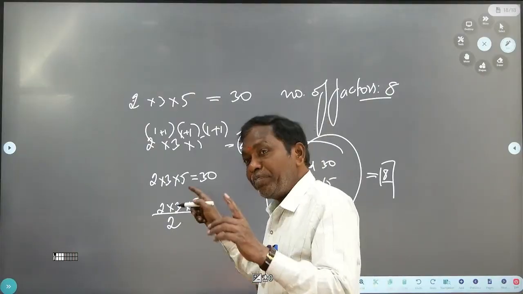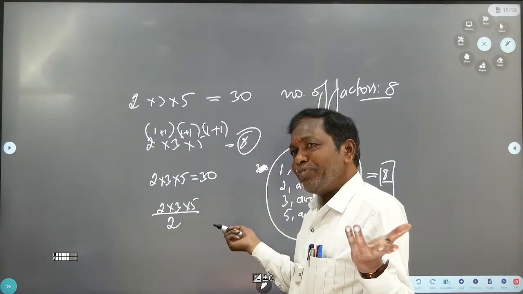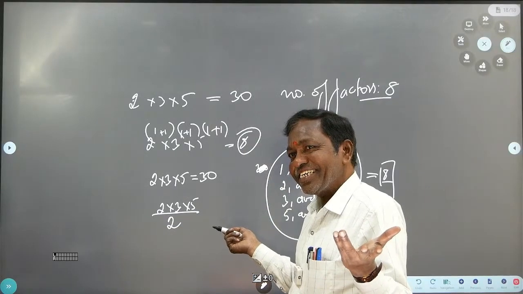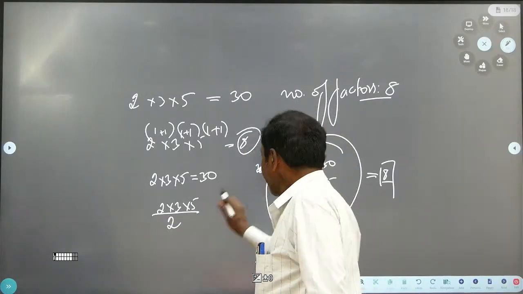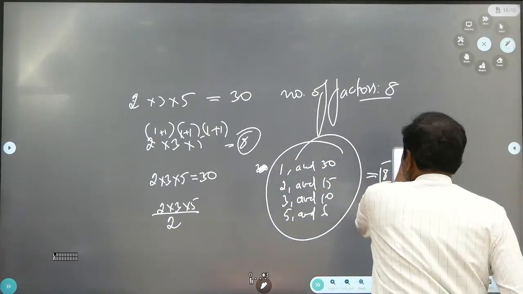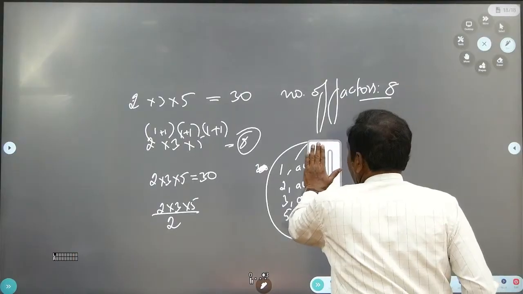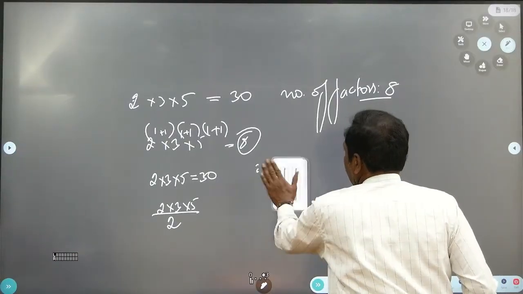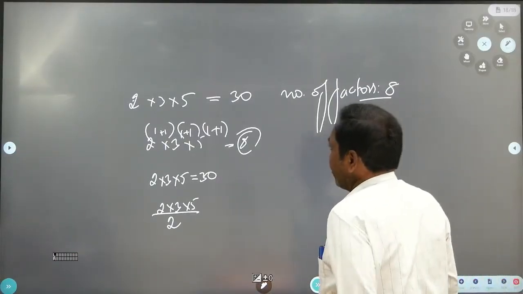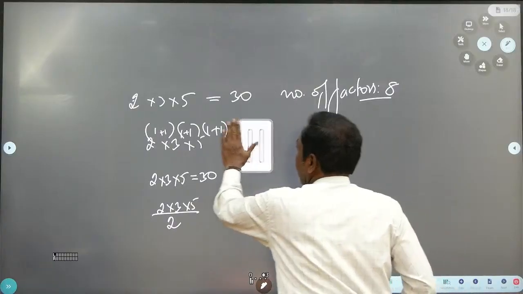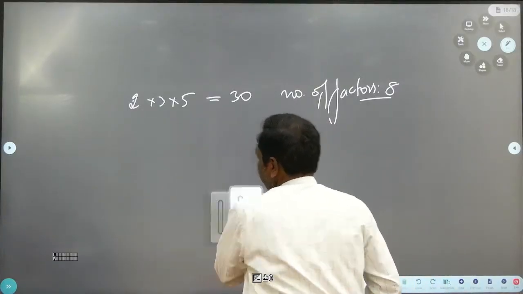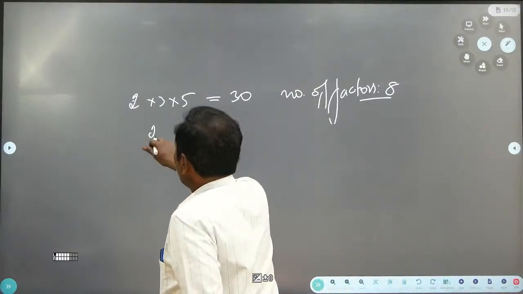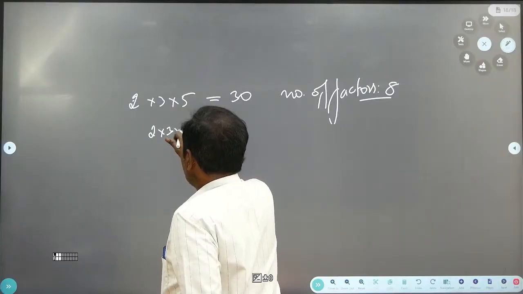When it is multiplied by 2, that is divisible by 2. Again, I write very clearly. 2 into 3 into 5.